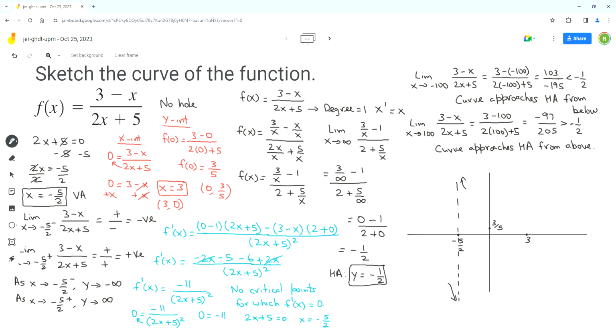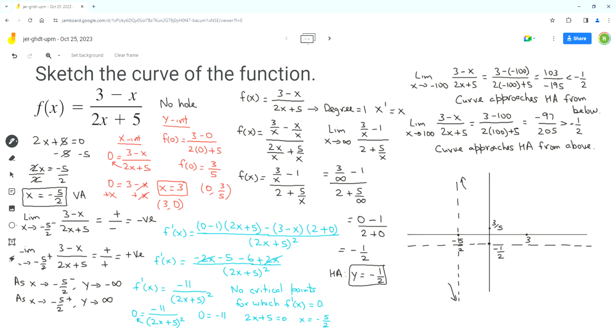Now the function has no critical points. And then the horizontal asymptote is at negative half, so maybe somewhere here. So this point is negative 1/2.